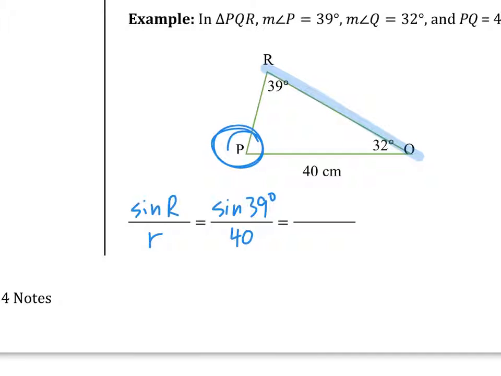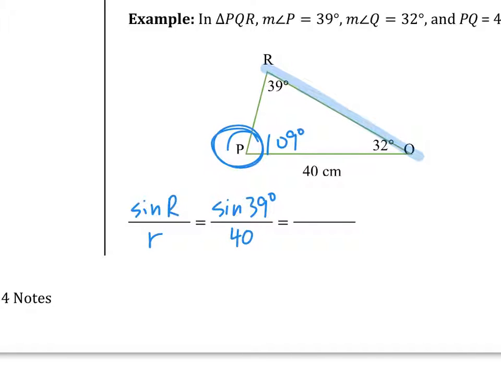Go ahead and figure out angle P. Okay, so what is angle P? 109?